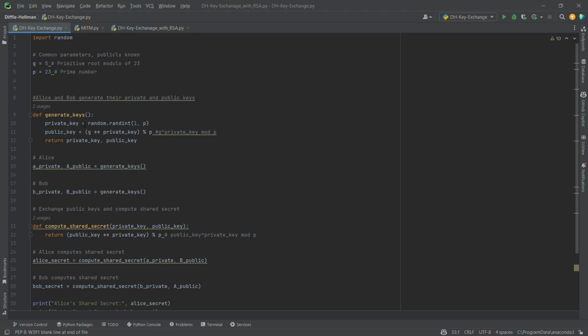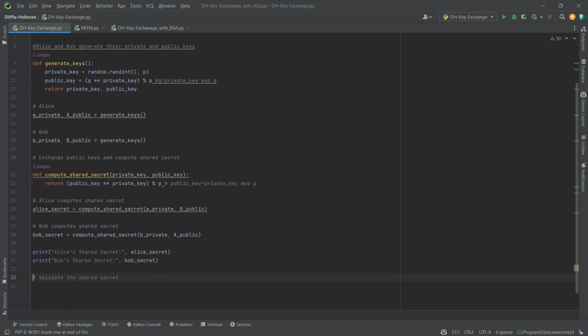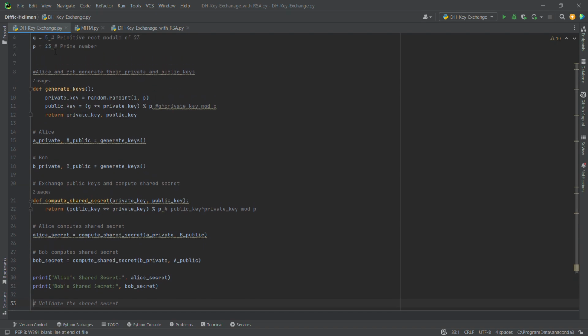So first, each person has to generate a private key, which will be a random integer between 1 and P. P is the prime number. In this case, we pick 23. It's a small number, so there are not many options between 1 and 23, but usually if it's a bigger number, then there should be a lot more options.